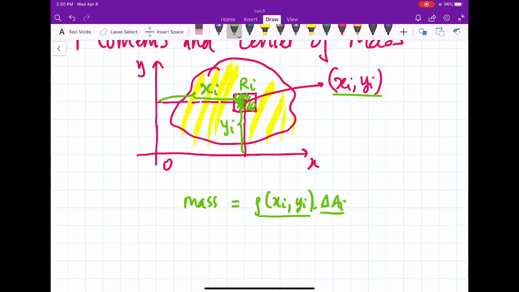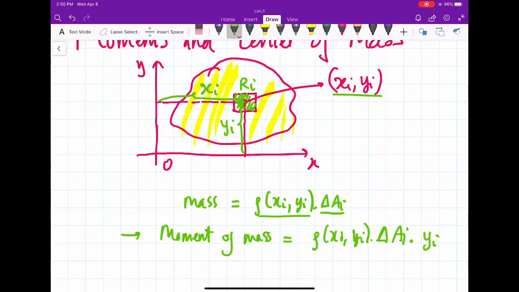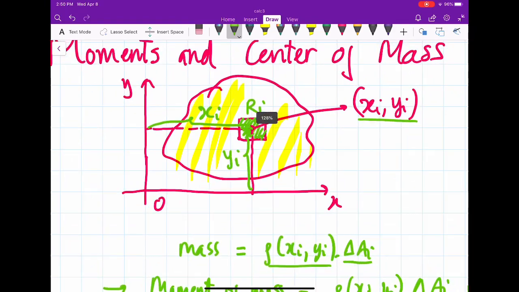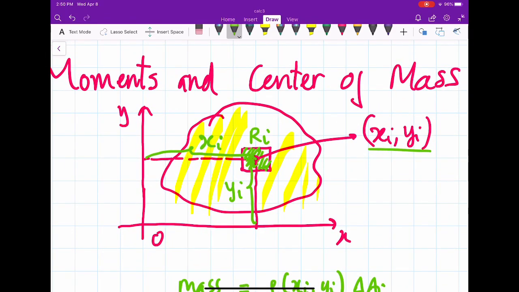So since we have mass, we can find the moment. We can find the moment of mass of Ri. The moment of mass is equal to rho xi, yi delta ai times yi, where yi is the distance right here.